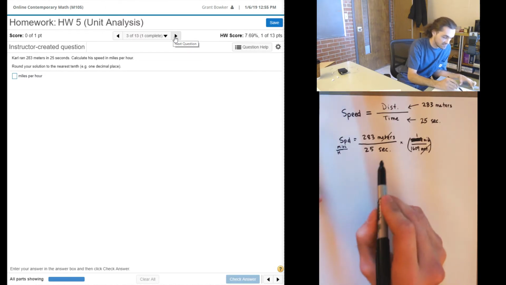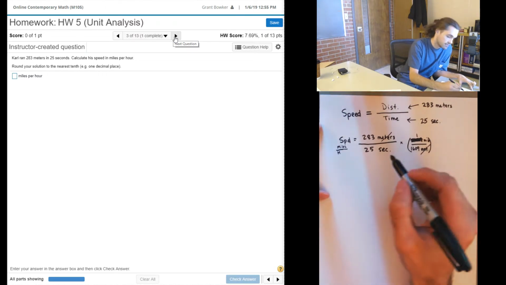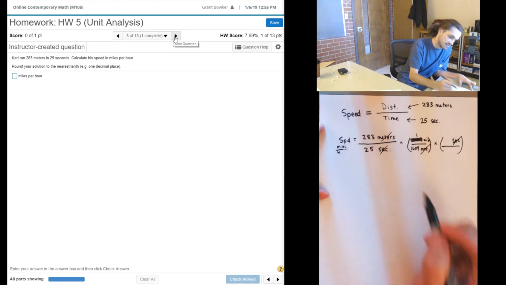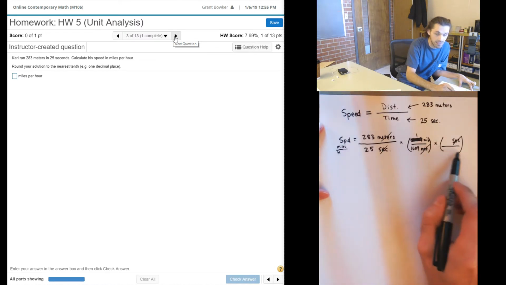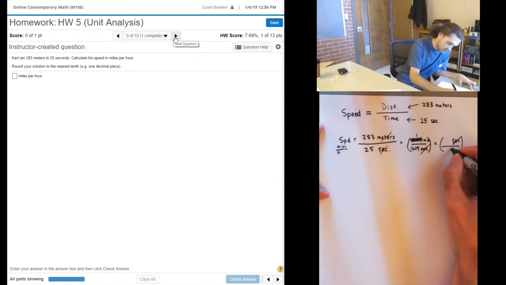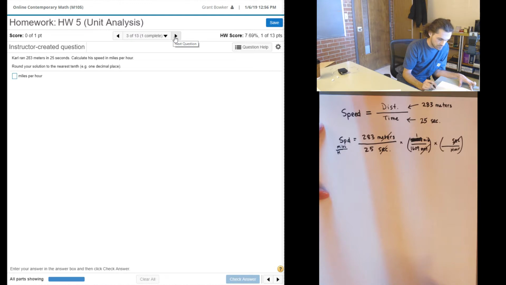What is left is to get rid of this second. Well, second is downstairs, so I need to introduce seconds upstairs. Second upstairs undoes a second downstairs. However, this multiplication is only valid if this fraction is equal to 1. Now, keep in mind what I do want out is miles per hour, so it would be convenient if I could introduce hours downstairs.